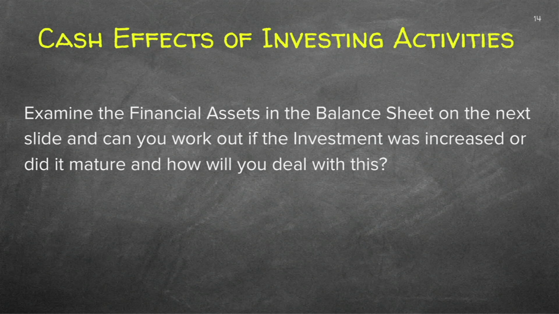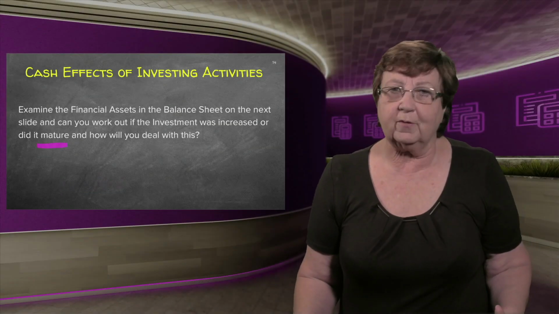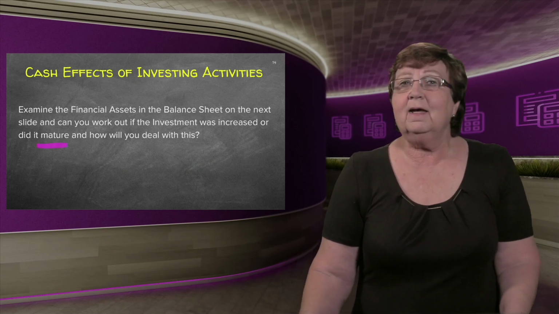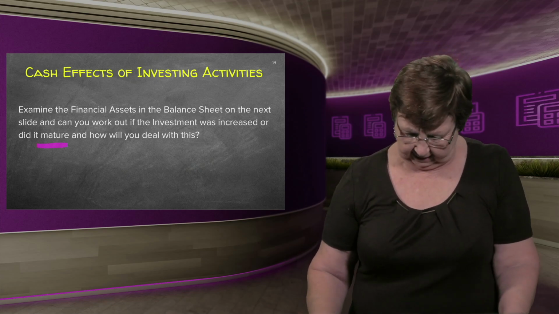Let's look at another scenario, and this time we are going to have a look at when the investment matures. I've already said earlier, mature simply means that the investment has come to the end of the period for which we invested it, and in this case, dorKk is going to give us back our money.